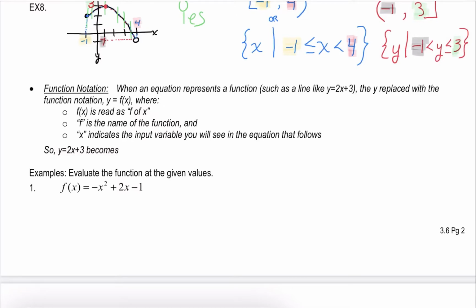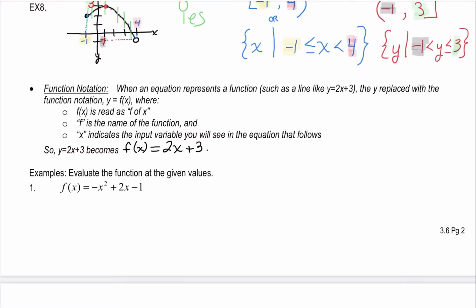So for example, y equals 2x plus 3 might become f, that's just the name of the function, and then in parentheses x, kind of like parentheses in English, it's additional information. That's telling the reader that the input variable you should see on the right-hand side of this equation should be an x. And that, of course, is what we would have: f of x equals 2x plus 3.